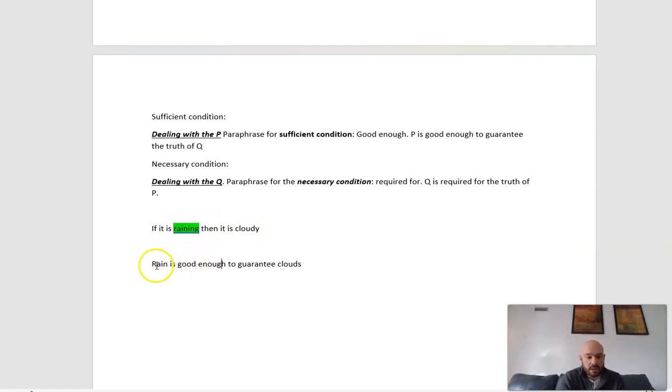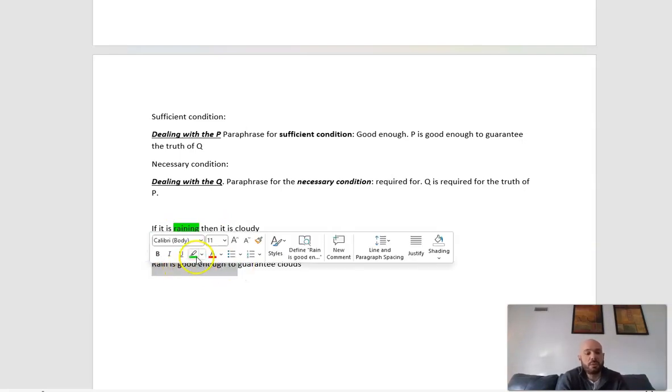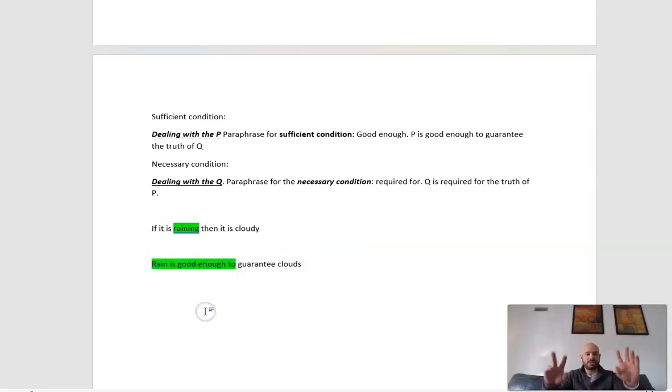So rain here is represented right there, and it says "good enough to," so it has a sufficient condition. We can consider this our sufficient condition indicator word, or operator word: is good enough to guarantee. So rain is good enough to guarantee the existence of clouds.